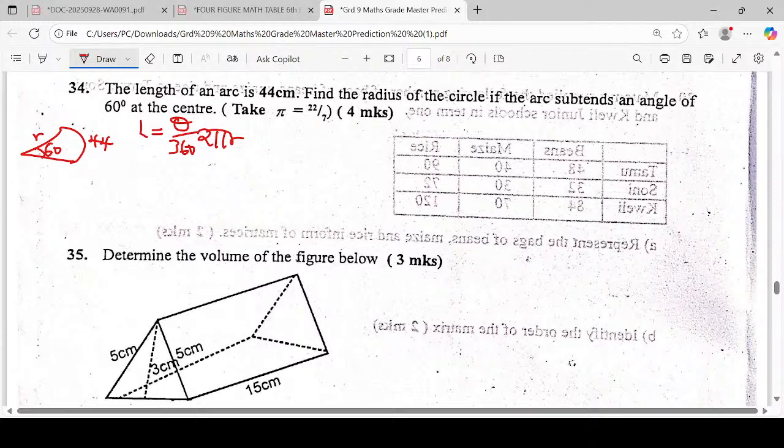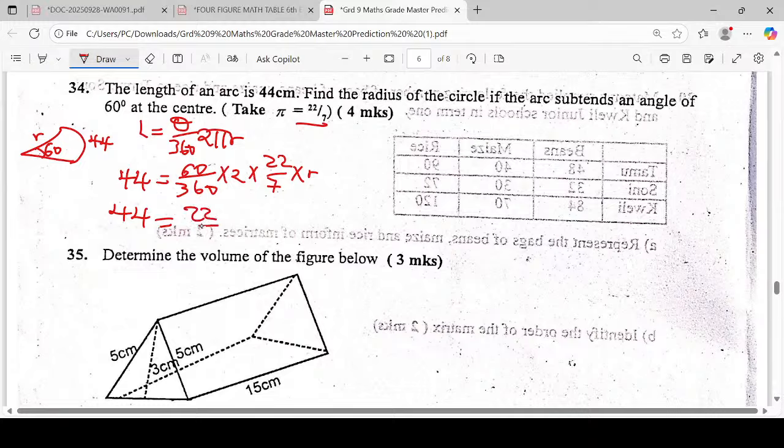So our length, which is 44, is given by theta, which is the angle subtended, that is 60 over 360 by 2 by pi. We've been told to use 22 over 7 by the radius, which you don't know, r. So this will be 44 being equal to, when you take 60 over 360 times 2 times 22 over 7, you are getting 22 over 21 r.